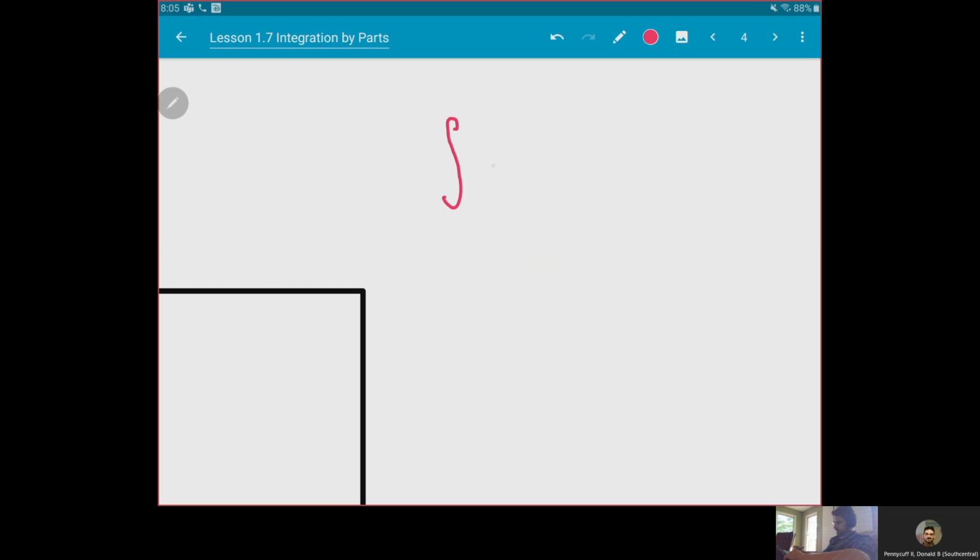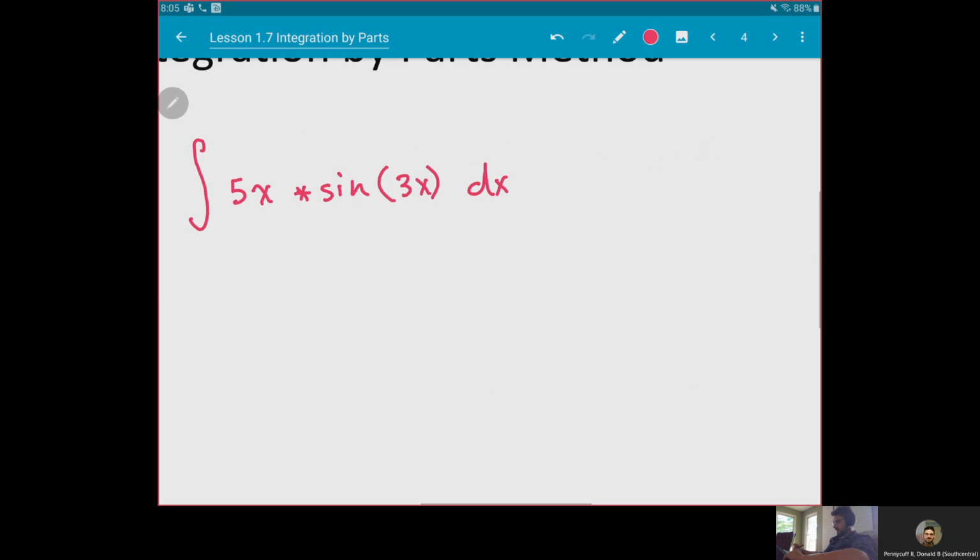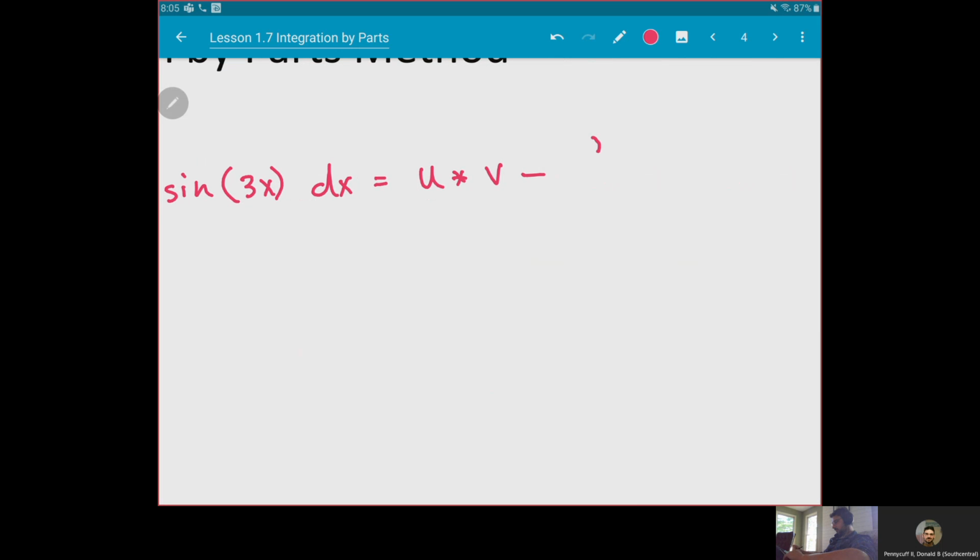We have the integral of 5x times sine of 3x dx. All right, and that is going to be equal to u times v minus the integral of v du. Okay.